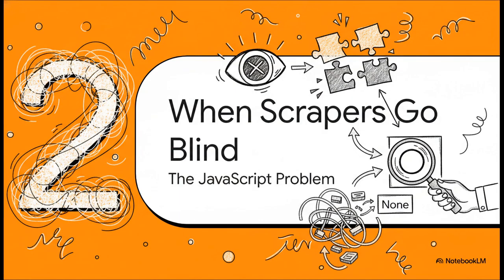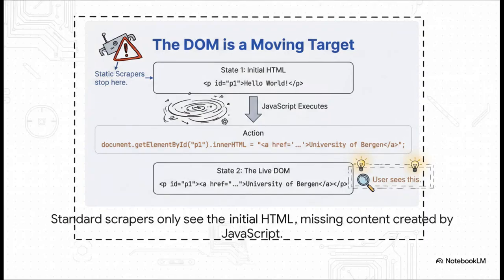Okay, so let's put it all together and see exactly why this dynamic stuff makes our traditional scrapers go completely blind and give us that frustrating None from before. Here's the crucial part. Your standard scraper, like one using just requests and Beautiful Soup, shows up, grabs the very first thing it sees, that initial bare-bones HTML, and then it just leaves.